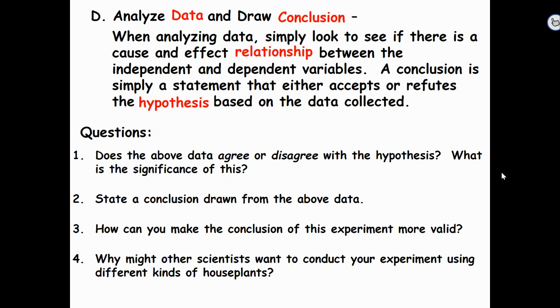Will it work on that one? Well, I better test that one, and then I got to test that one, and then I got to test this other one. All right, because just because it works on one thing doesn't mean it's going to work on everything else. So you can't really make a statement saying that it's definitely going to work on this other house plant just because it worked on this one that we did the test on. You've got to test everything if you want to know what it's going to do.